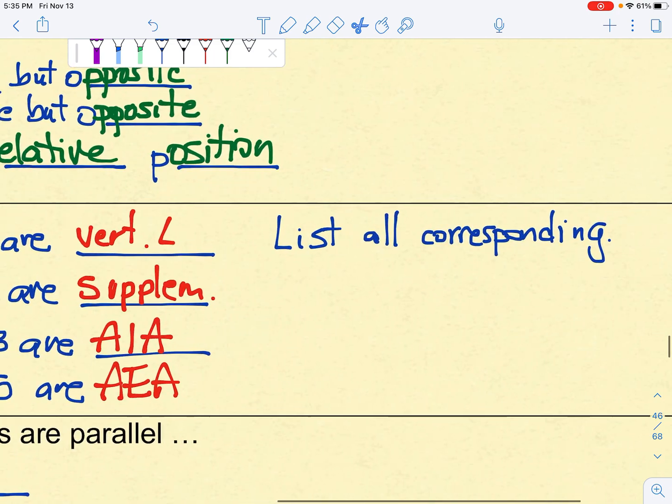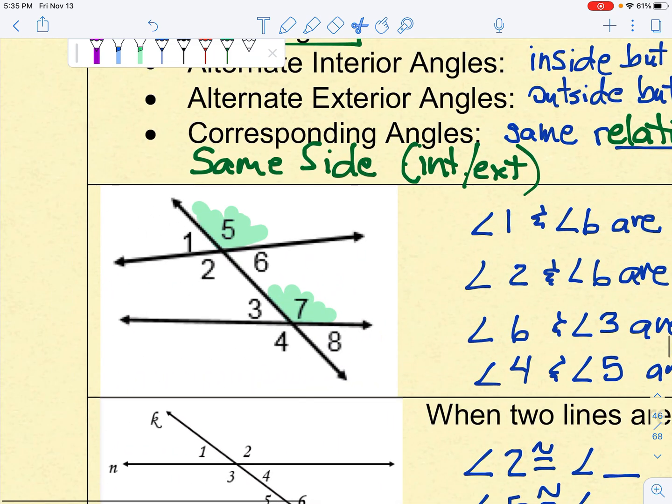Okay, so I think I said, for example, list all the corresponding angles. Well, 5 and 7 are corresponding. Angle 1 and 3 are corresponding. Angle 6 and angle 8 are corresponding, and 2 and 4 are corresponding. Make sense?